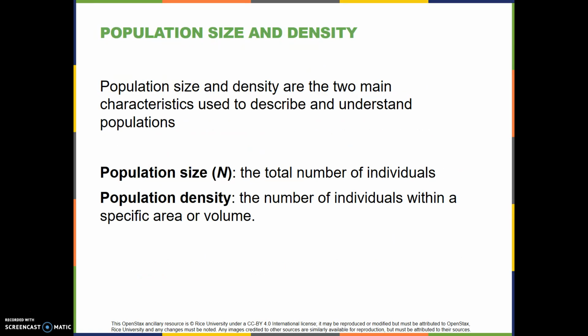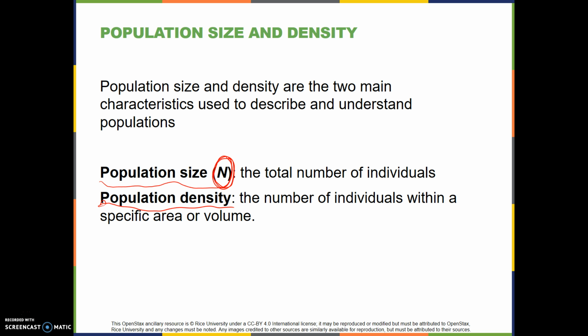So whenever we talk about population demography, some of the things that are measured are population size, and you'll have to remember this, that capital N means the total number of individuals, the total population size. Population density is different. It is the number of individuals within a specific habitat or within a specific area or volume.